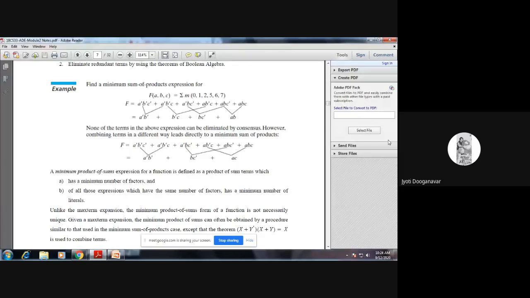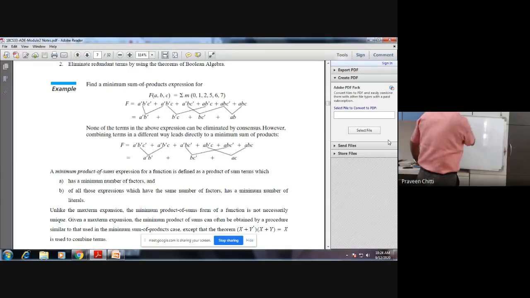Find the minimum sum of products expression for f of a, b, c.